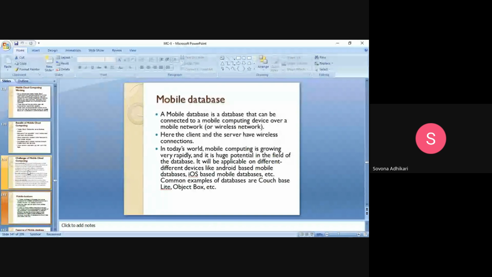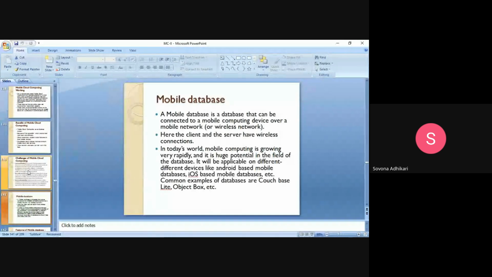Nowadays, mobile computing is growing very rapidly and has huge potential in the field of databases. Common examples are Couchbase Lite and ObjectBox. These are examples of mobile databases where both client and server have a wireless connection.